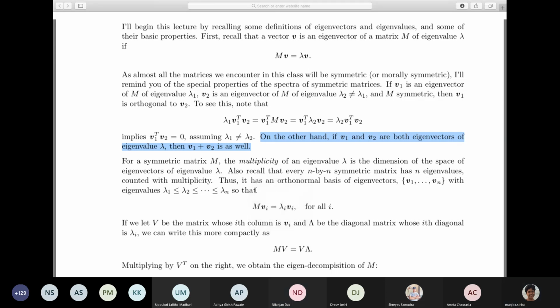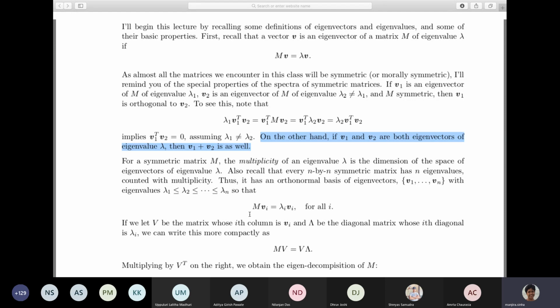So now, every n cross n symmetric matrix has n eigenvalues, and generally we write them in ascending order. Suppose the eigenvectors v1 to vn of an n cross n symmetric matrix are all orthogonal to each other, and the eigenvalues are ordered lambda 1 less than or equal to lambda 2 less than or equal to lambda 3, and so on up to lambda n.